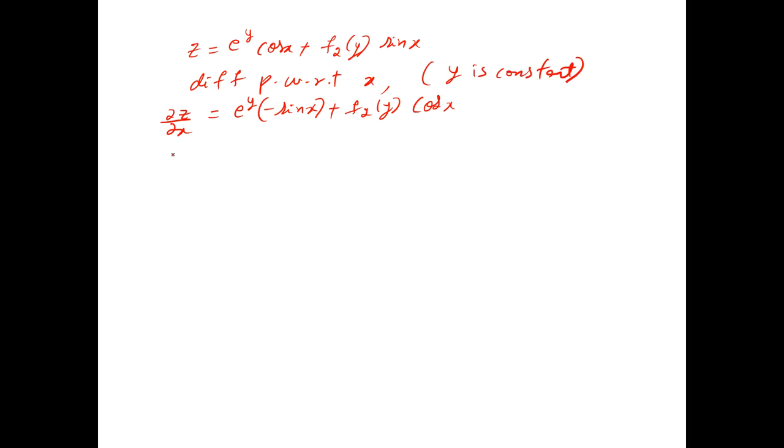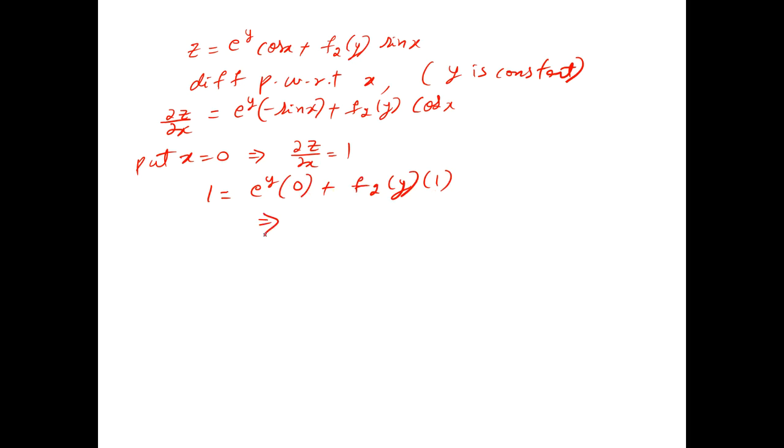So what I have to eliminate? f2(y). So I am going to substitute x is equal to 0. When x is equal to 0, please remember, given in the question, dou z upon dou x is equal to 1. So when I put these terms in the above equation, 1 is equal to e raised to y times sin 0, which is 0, plus f2(y) times cos 0, which is 1.